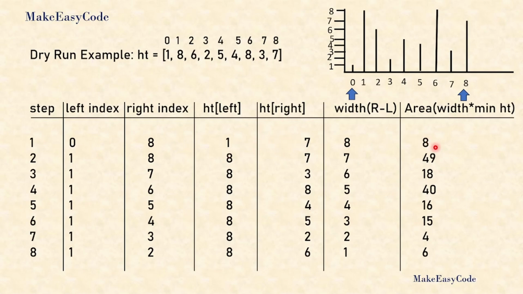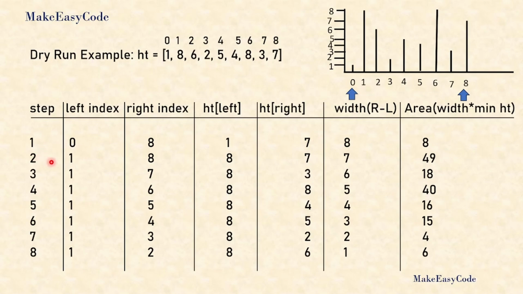So area becomes 8 times 1, that is 8. So this is our new max area. Now the left pointer will move forward by 1, because left height is less than right height. You can see left height is less than right height, so this arrow will move plus 1, to index 1.